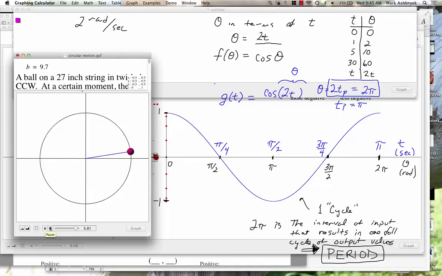Now, they often use omega to mean radial speed, or radians per second. So omega is 9.7 radians per second.